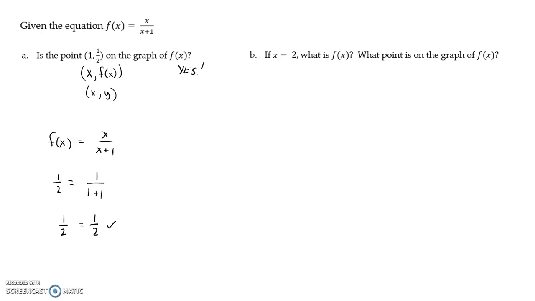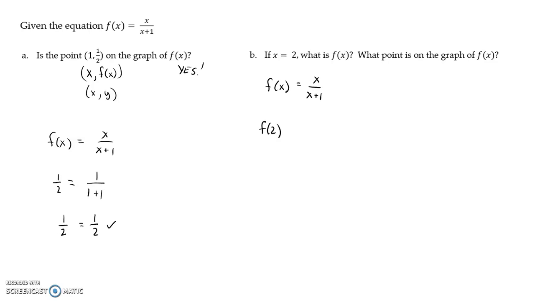So let's take a look at part B. If x equals 2, what is f of x? And we also want to know what point is on the graph of f of x. So we have an x value of 2, and we're going to plug in 2 each time we see the x value.